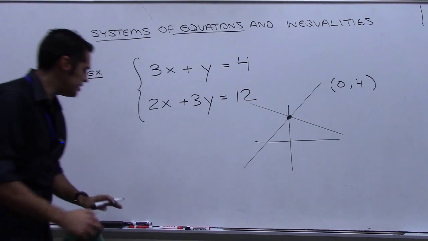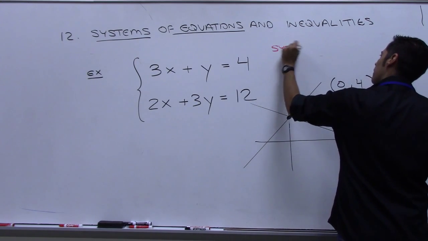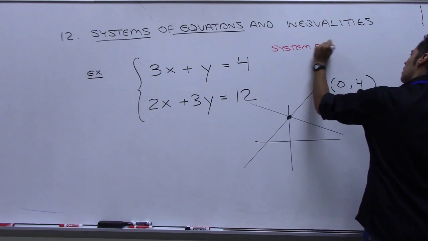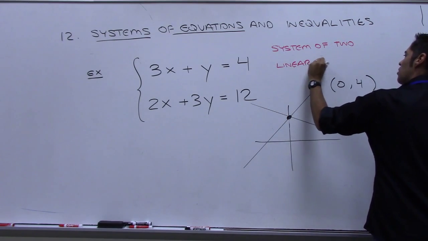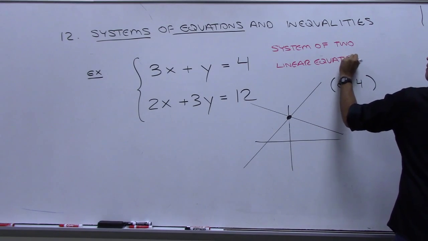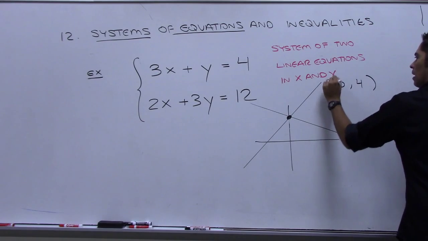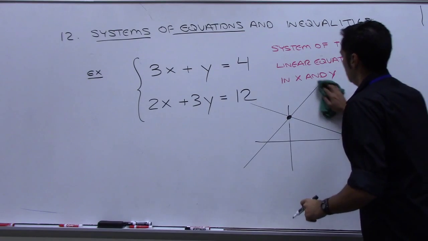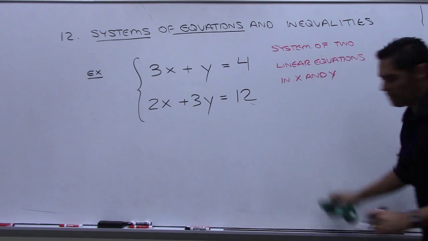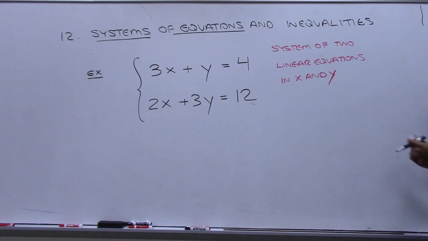So this right here is an example of what we call a system of two linear equations in x and y. Let's read through that and see if we understand what all the words mean.